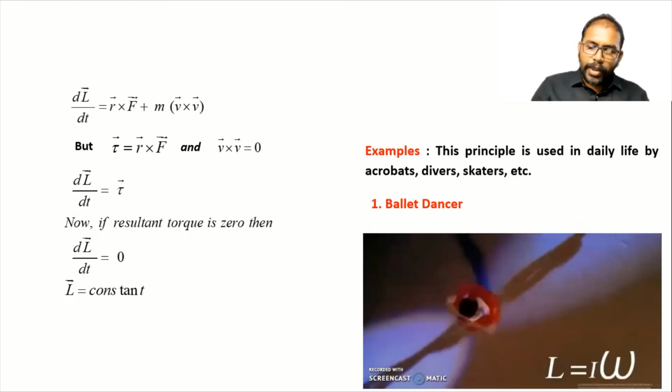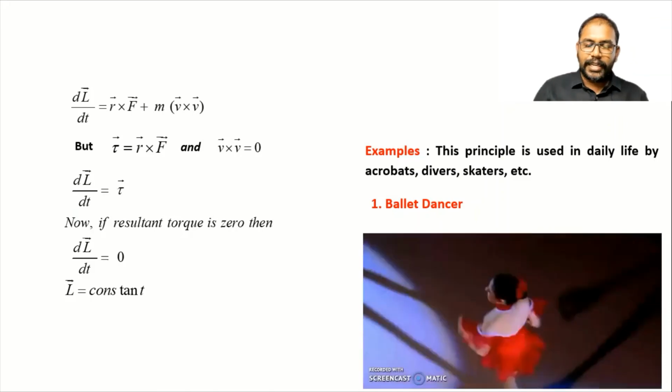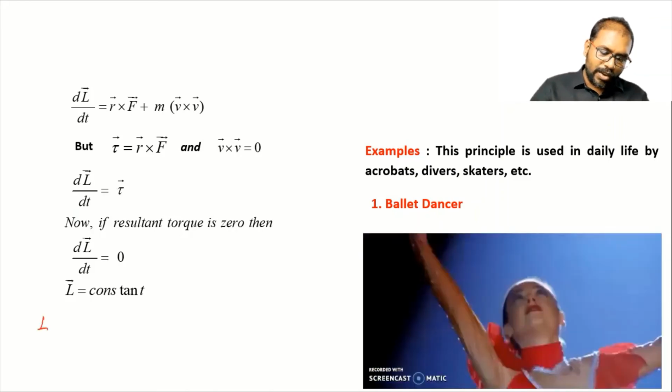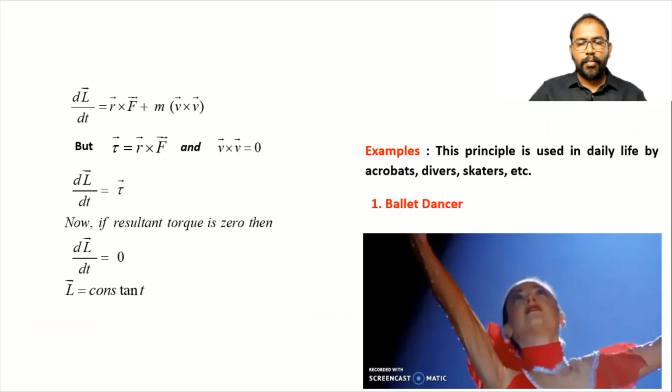Because omega increases, because I of the body decreases, since I omega is constant. I is greater, omega is smaller. When hands are folded, I decreases, so omega increases, and this is the conservation of angular momentum.